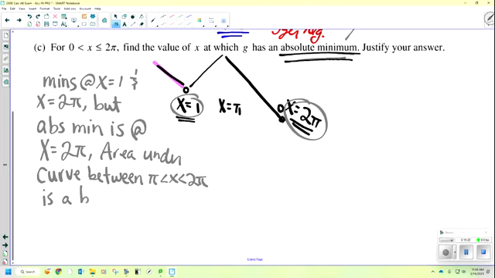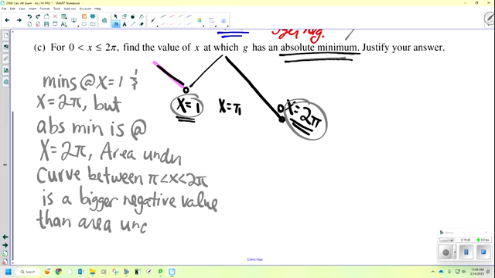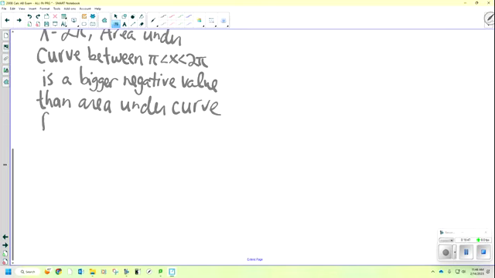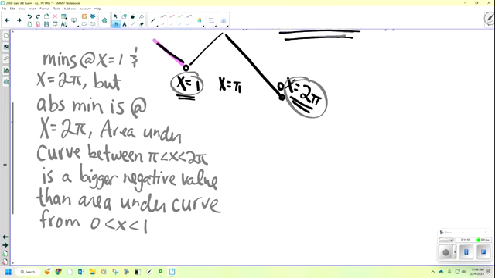I would say is a bigger negative value than the area under the curve. Extend that from 0 to 1. And that's exactly how to word it.